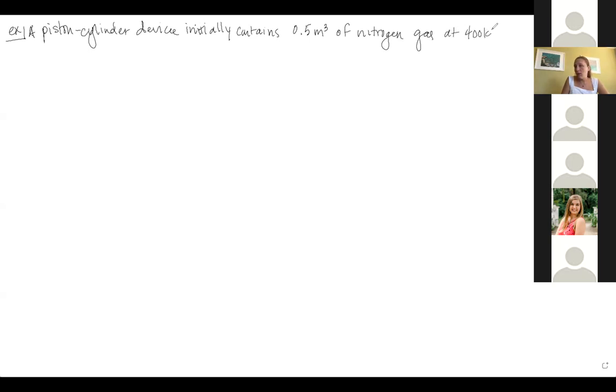For this example, a piston cylinder device initially contains 0.5 cubic meter of nitrogen gas at 400 kilopascal and 27 degrees Celsius.